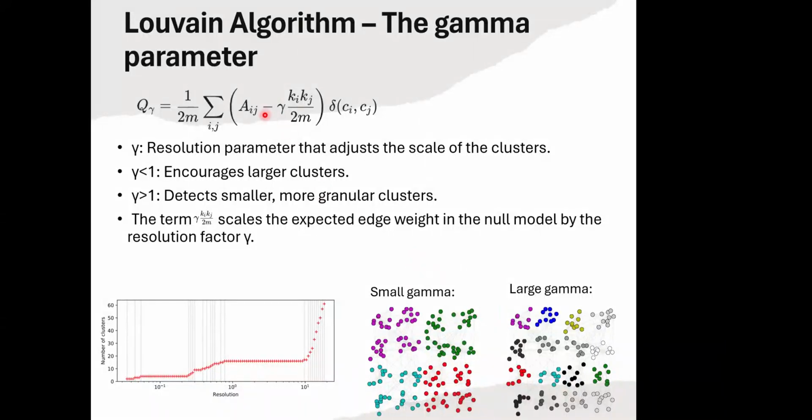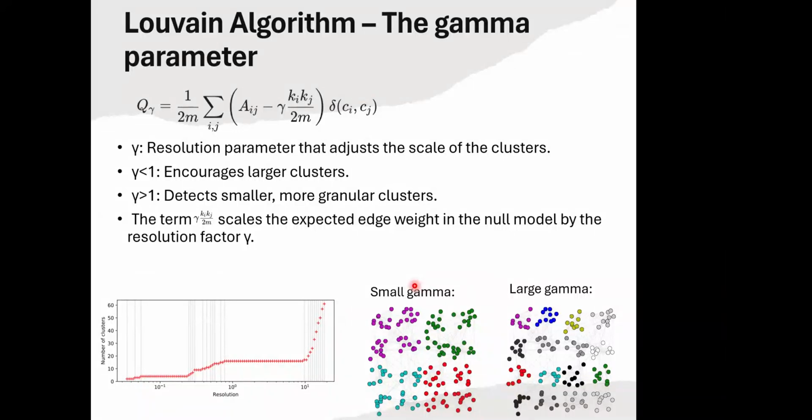So Matan, in your eyes, is the gamma parameter equivalent to the radius of a circle? The gamma parameter is the resolution parameter, like the radius of a circle. Yeah, we can say that. Okay. So the smaller the gamma, the larger the clusters will be.